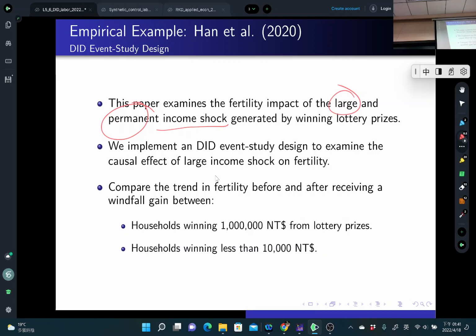So one group wins a very big prize from the uniform invoice lottery or the public welfare lottery in Taiwan, and the other is just unlucky, they never win such a major prize. So who wins the major prize or not is arguably random, so we can use this variation to identify the causal effect of income on fertility.